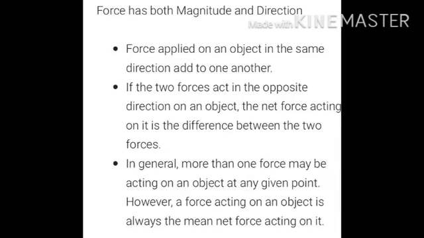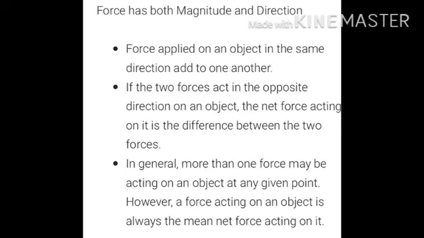Now I can explain about force a little bit more. Force has both magnitude and direction. Means force is a vector quantity. In higher classes you will be able to understand more about vector quantities. Forces applied on an object in the same direction add to one another.